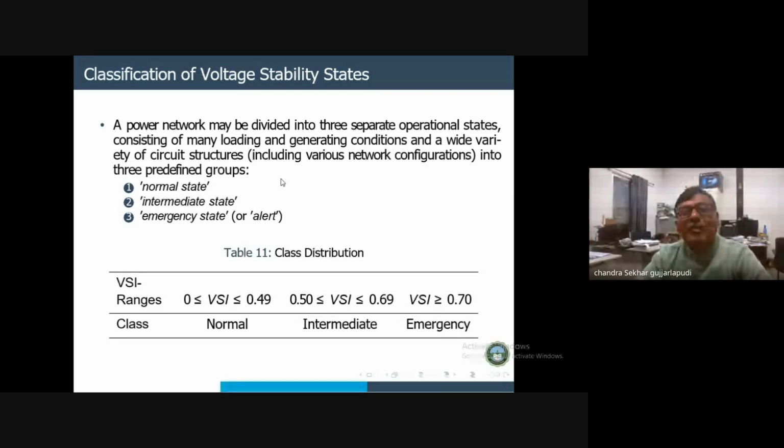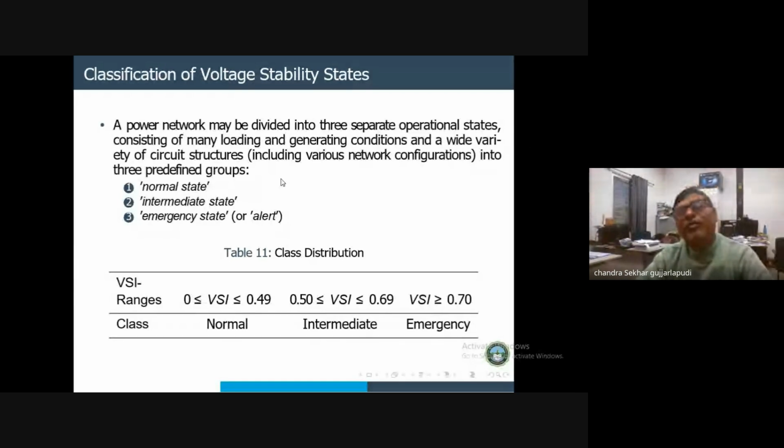VSI value. Now you see, if the value of the VSI is between 0 to 0.49, for that case we have considered this a normal case. If it is 0.50 to 0.69, it is an intermediate state. And if it is greater than 0.70, then only it is an emergency case.